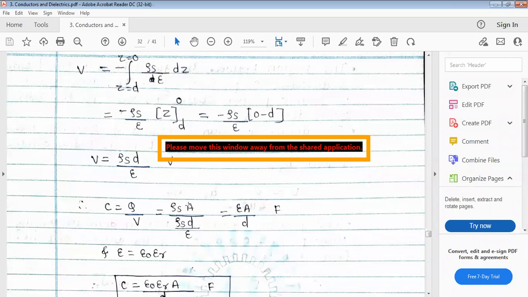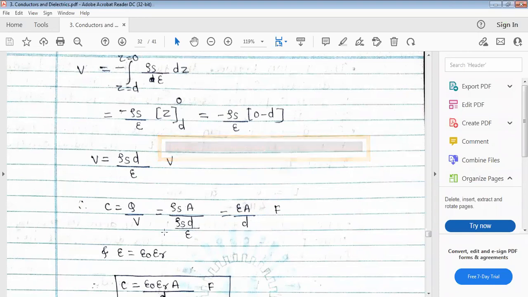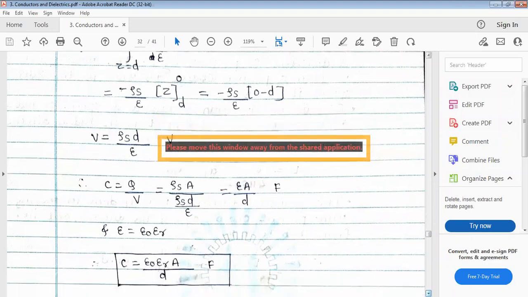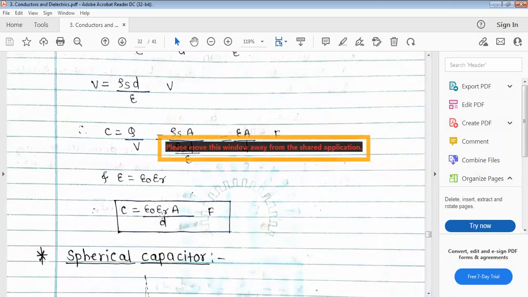So rho s and rho s will cancel, and it will be only epsilon A divided by d farad. Now this epsilon is nothing but epsilon 0 into epsilon r, right? So the capacitance C is equal to epsilon 0 epsilon r into A divided by d.